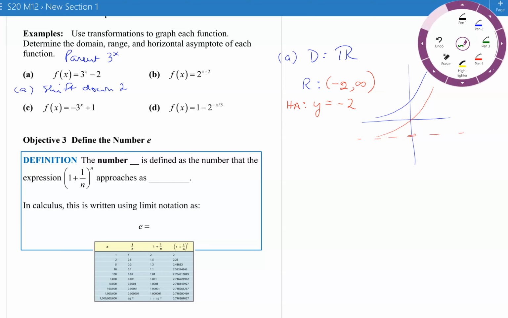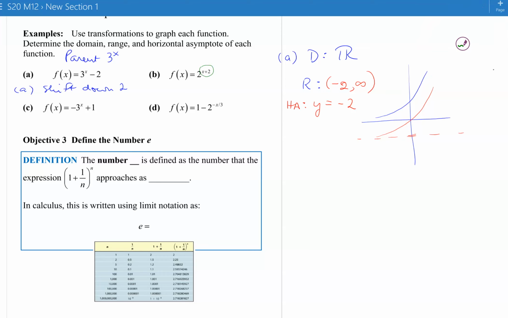Okay, for b, we have 2 being added before the function, so that's going to shift left 2 units. And shifting right and left doesn't change the domain.